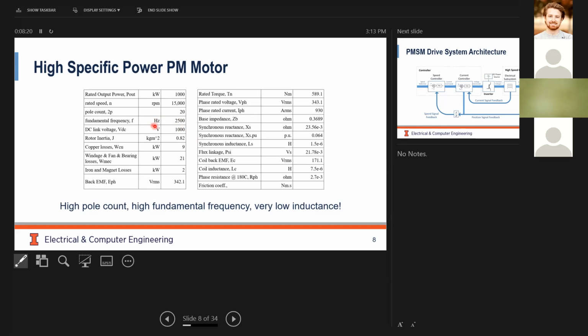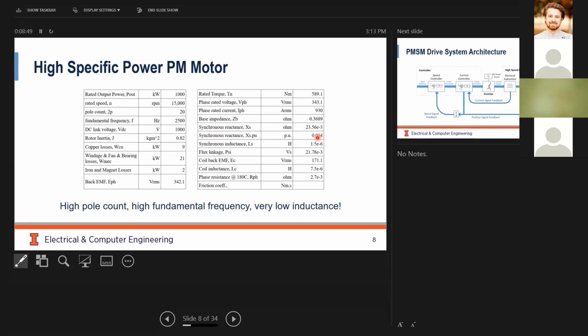So this ratio will be low, and this low inductance also makes the situation more challenging, because the harmonics voltage divided by the reactance will be my harmonics current.